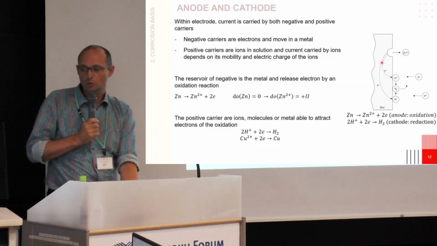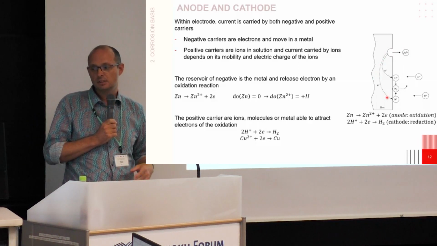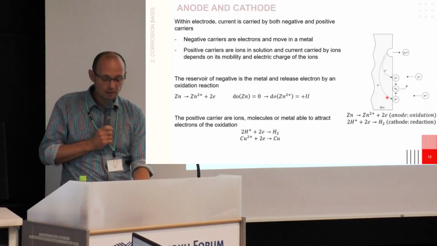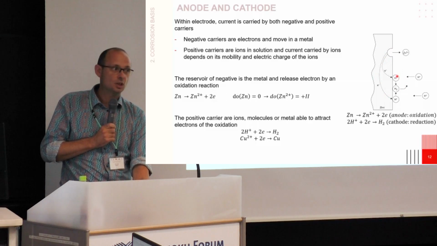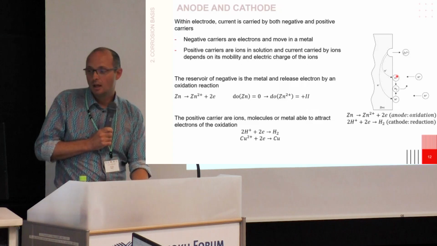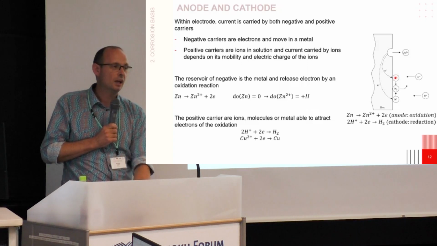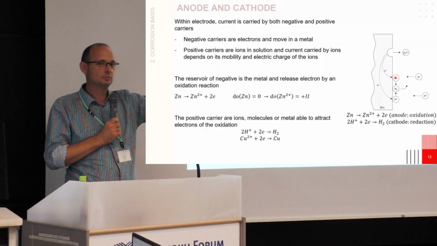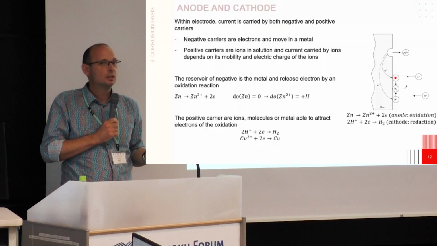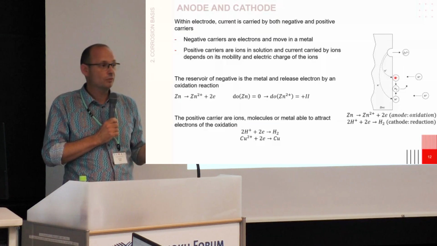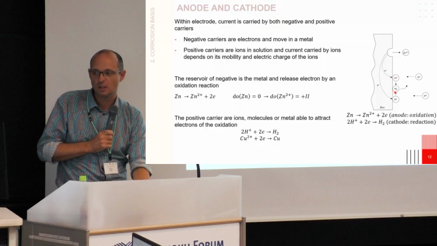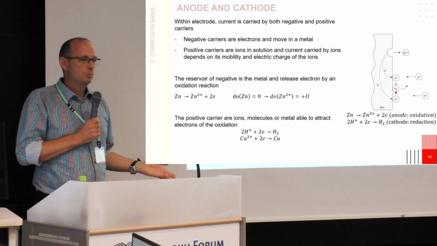So electrons will move. They will move to an area where there is no dissolution of zinc. And what they can find is hydrogen, H+, which tends to approach the surface. H+ wants to take 1 electron. It gives H. So H is adsorbed on the surface of the material. H atoms attract together at the surface of the material, and you create H2.